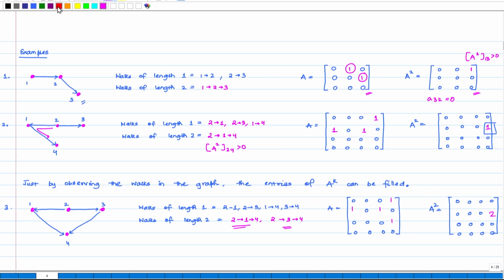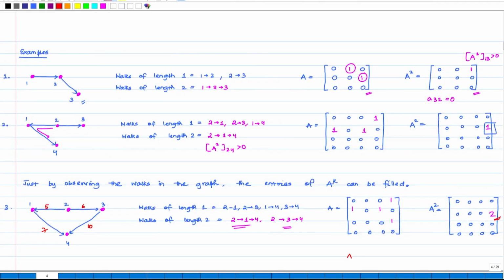But now, suppose I had added some weights here. This entry would not have been equal to 2, meaning that in general, in a weighted graph, the entry of A square being greater than 0 implies the existence of a walk, but the value of the entry does not really give us the number of walks.